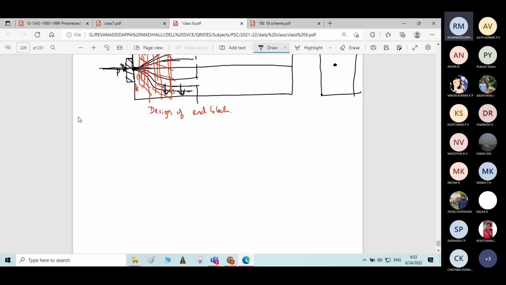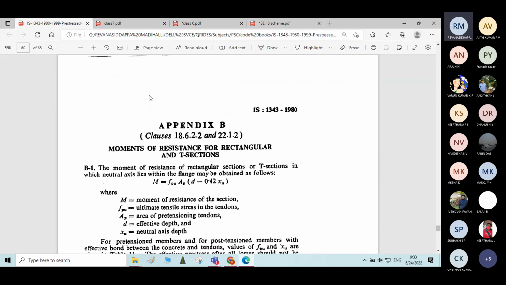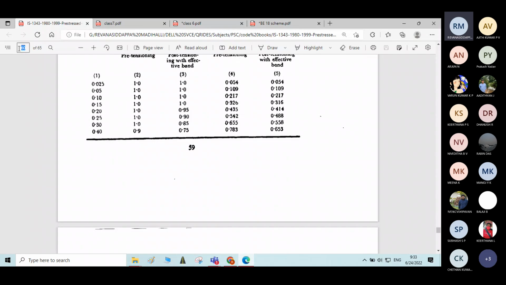Bursting force is represented by FBST, and it is determined using the formula given in the code book. I think on page number 36 it is available.